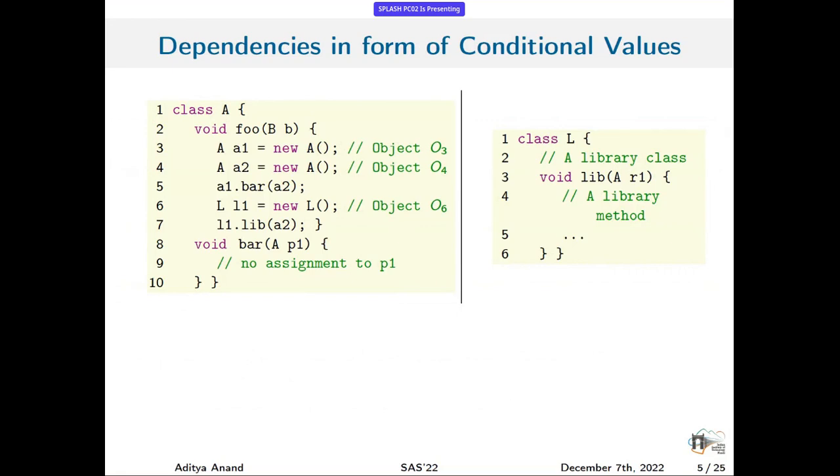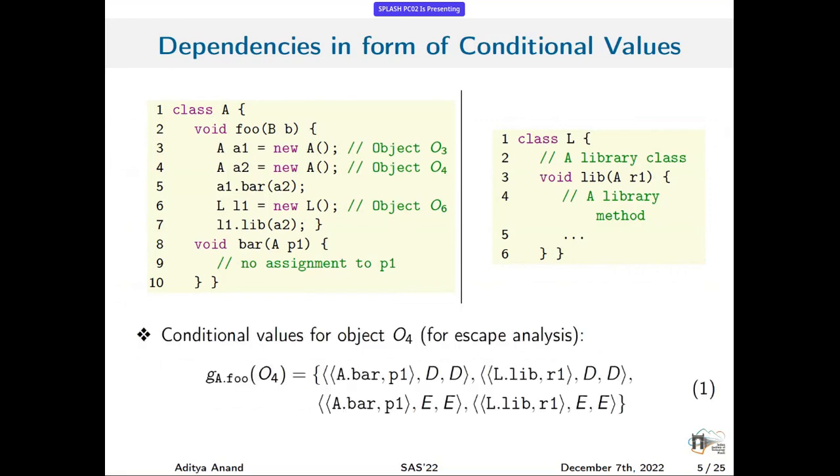If we want to generate conditional values for object O4, the PI framework will generate something like this. Suppose we are performing a program analysis like escape analysis. The conditional value for object O4 is a set of several dependencies.